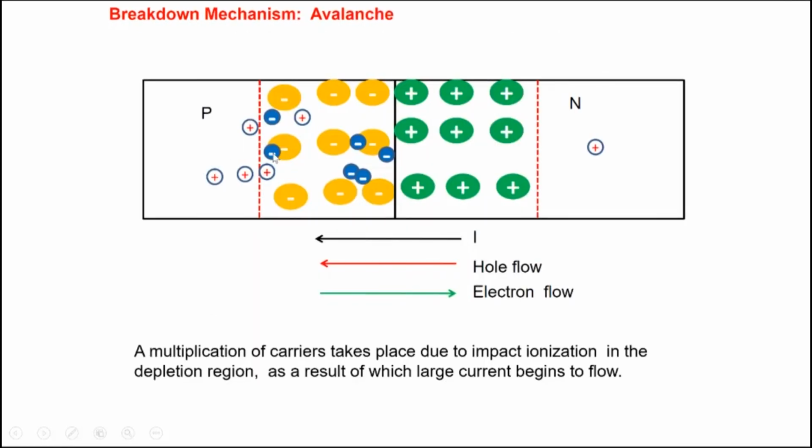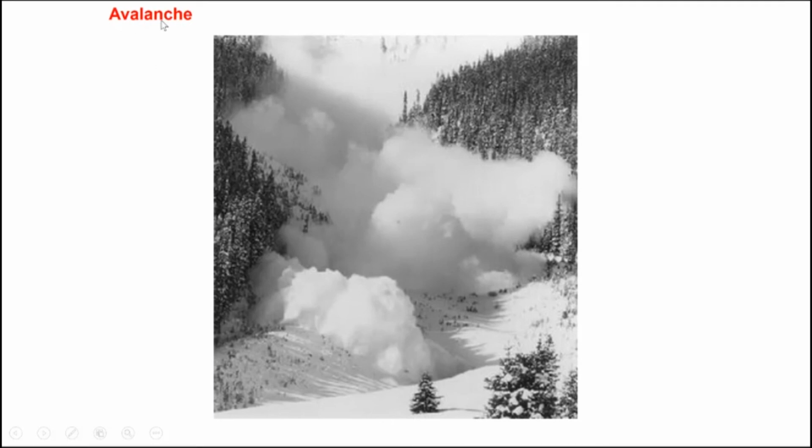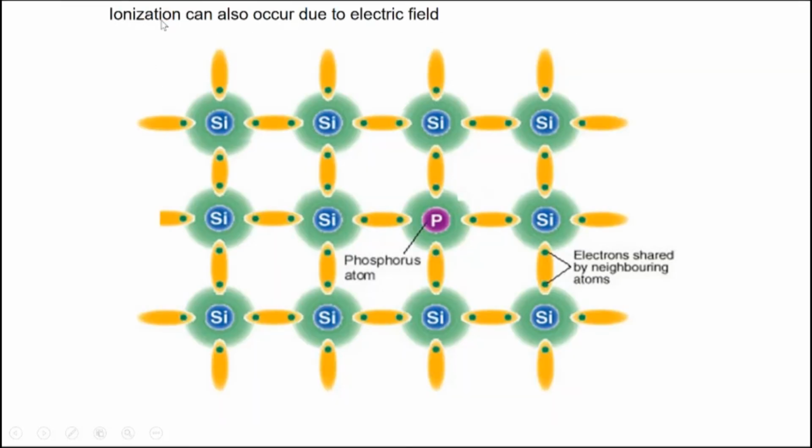One electron may enter, and then it may knock out one more electron. Those two electrons may knock out two more electrons, and you get 4 electrons, and there's a multiplication process occurring, and you may end up getting a large number of electrons exiting and coming out on the N side, and similarly a large number of holes coming out from the P side here, and you get very large current here. So this breakdown is what we call the avalanche breakdown.